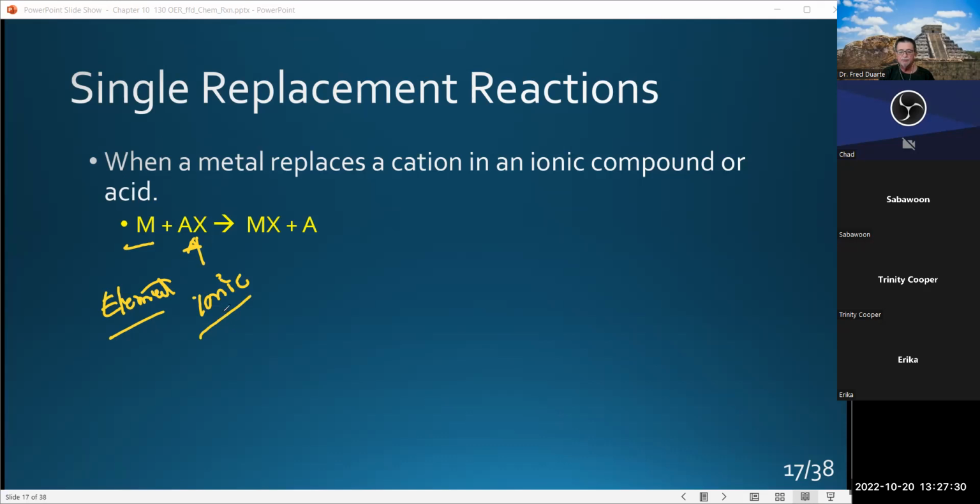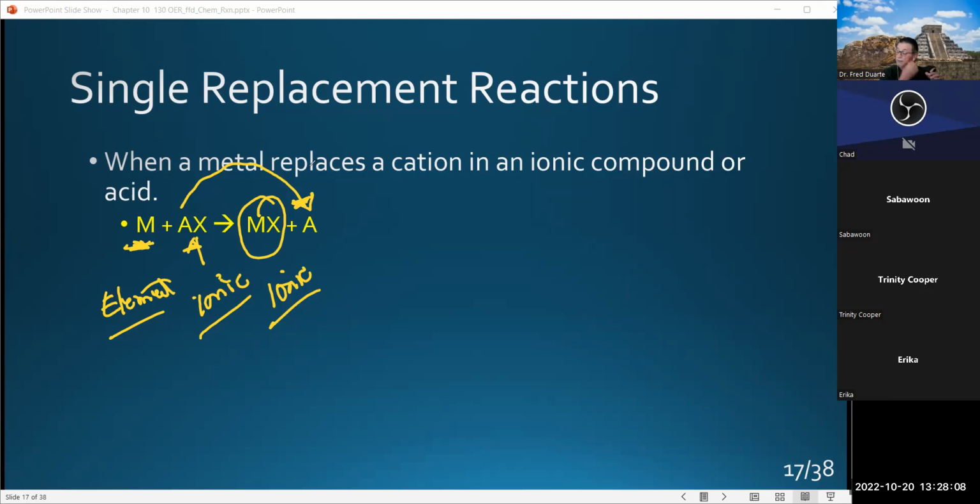Now, if this reaction proceeds, the metal that's in elemental form will replace the metal that's in ionic form and regenerate the new ionic compound, which is MX. Notice M was the metal in elemental form. Now M goes into ionic form. And the metal that was in ionic form now gets converted to molecular form or elemental form, okay?